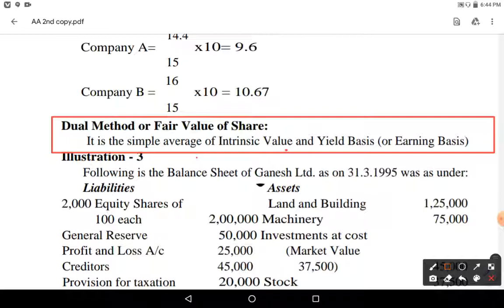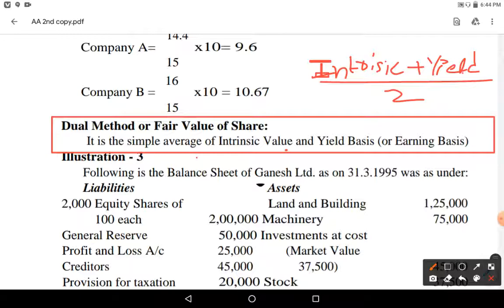Simple average means intrinsic value plus yield value divided by 2, you will get the dual or fair value.